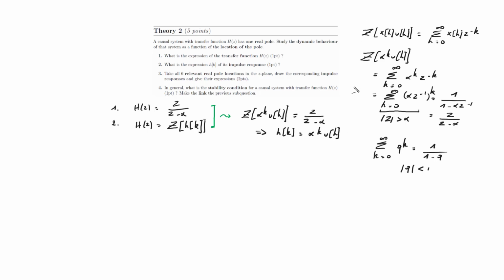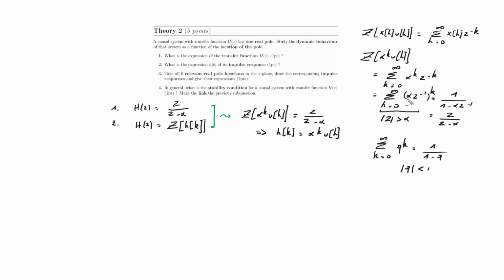Just for your information, this is not needed at the time of the exam, but you should be able to prove this. We show here that the z transform of this sequence is indeed z over z minus alpha. This is the definition of the z transform. You should be able to obtain it from scratch. If I apply this formula to this sequence over here, this is what you obtain.